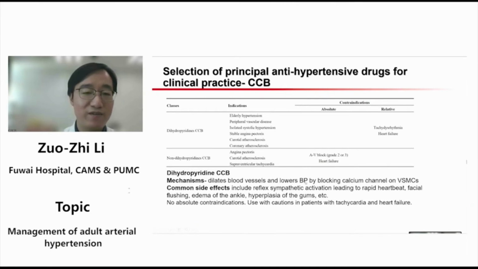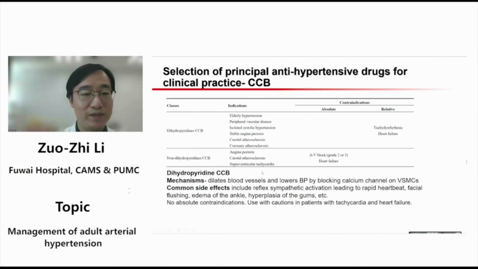The common side effects of CCBs are the reflex sympathetic activation leading to rapid heartbeat, facial flushing, edema of the ankle, and also hyperplasia of gums. There are no absolute contraindications for the dihydropyridine CCBs, but patients with tachycardia or heart failure should use dihydropyridine CCB with caution.